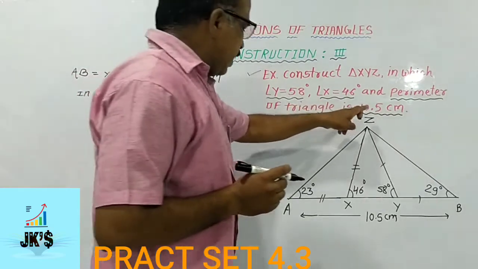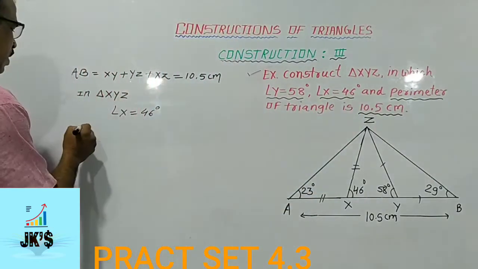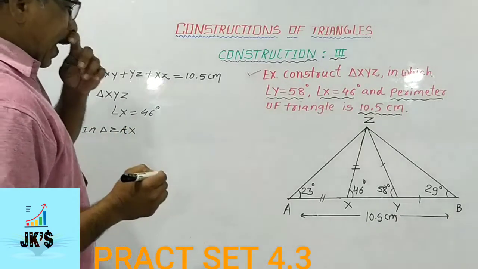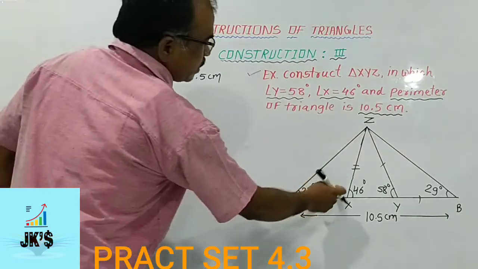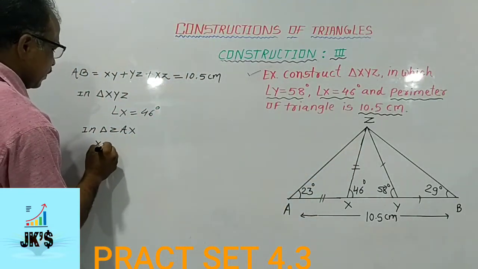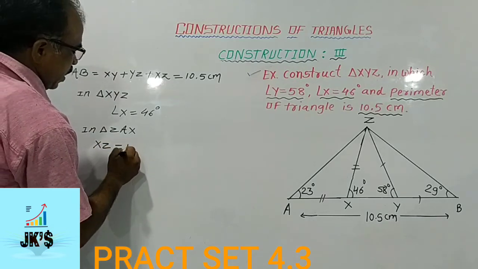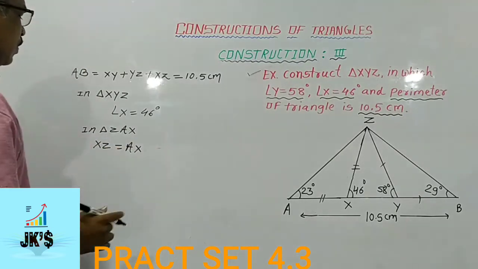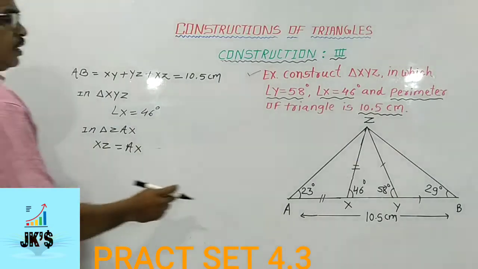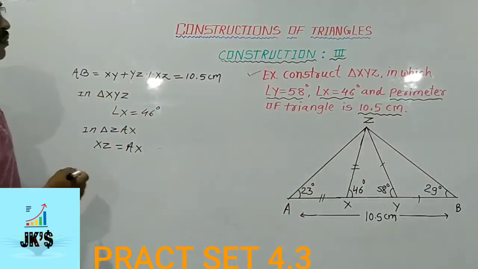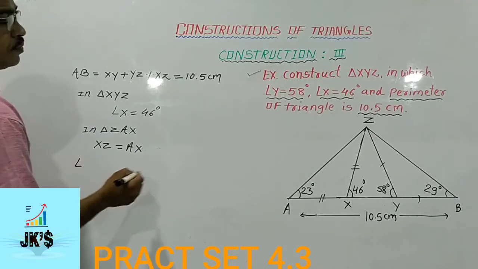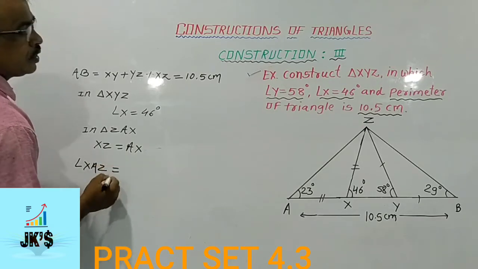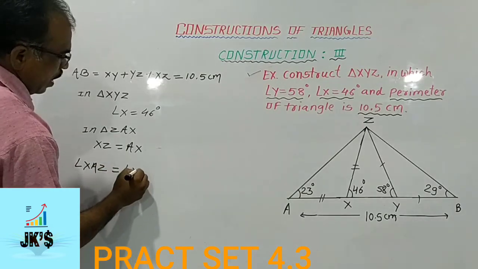When we consider this triangle ZAX, XZ equals AX, means the triangle is isosceles. So the angles opposite to congruent sides are congruent, that is angle XAZ equals angle XZA.